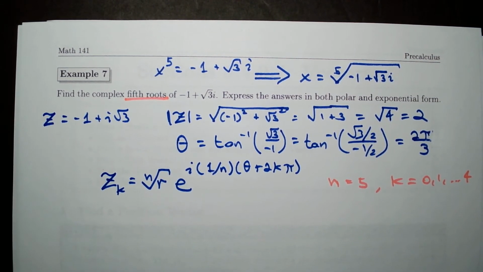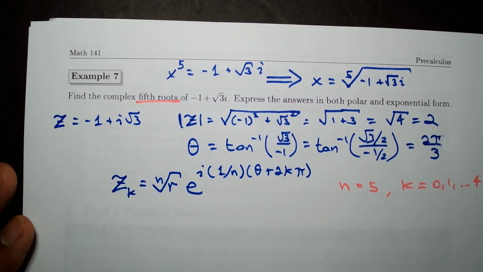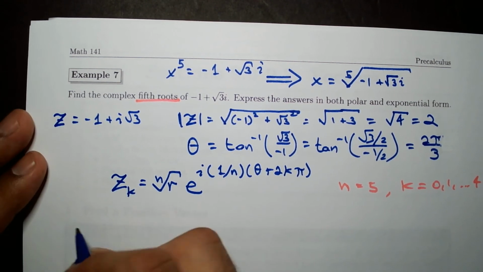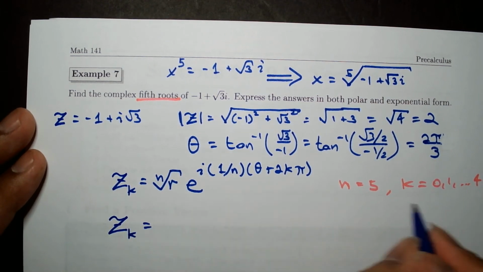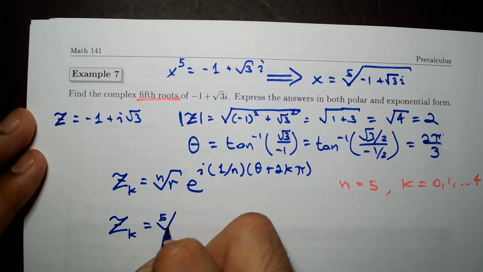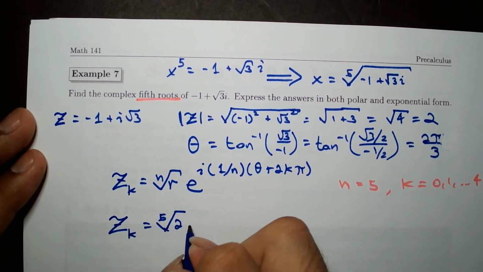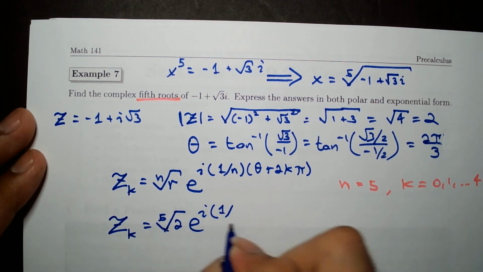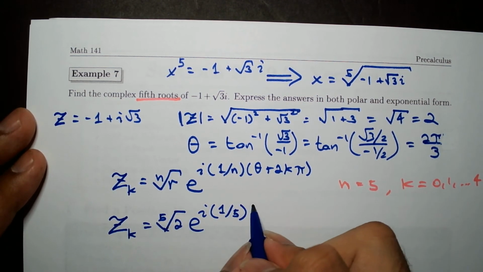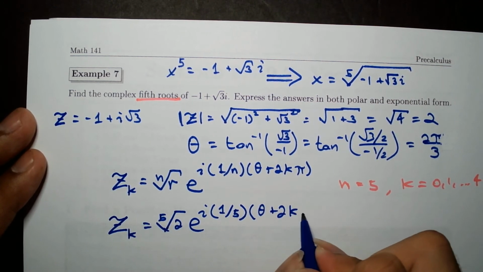So what are we going to do in this case? First, let's write down z_k. z_k is the fifth root of r, which in this case is 2, e to the i times 1 divided by 5, times theta plus 2k pi.